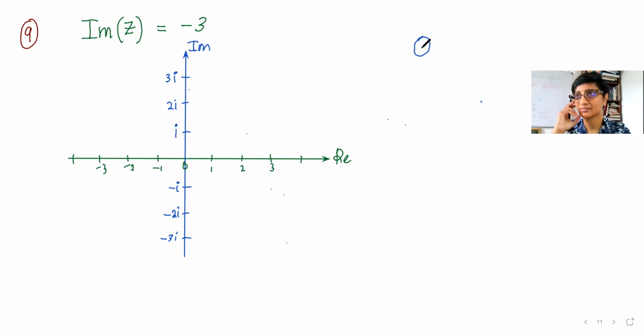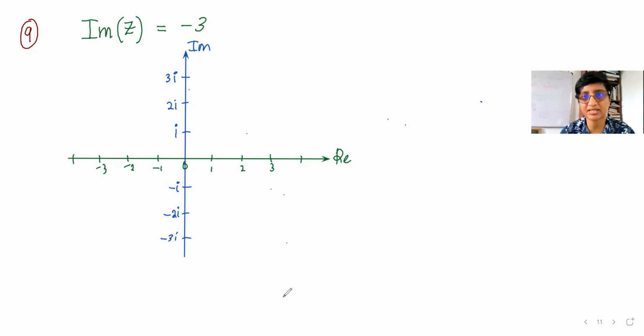Okay, so the imaginary part is -3. Imaginary part is bi. So what is a? I can give the example as 1, or I can take 0 as the example.